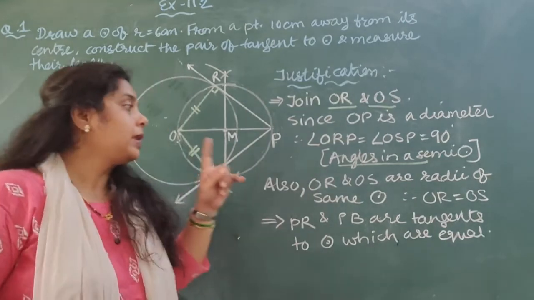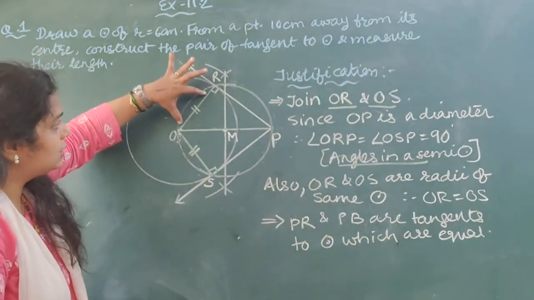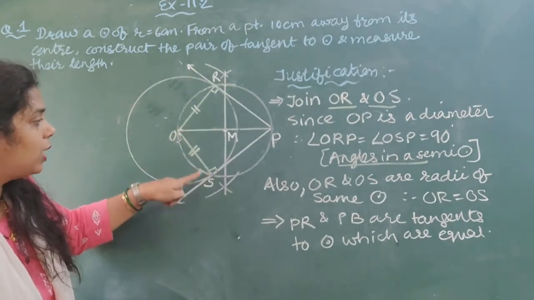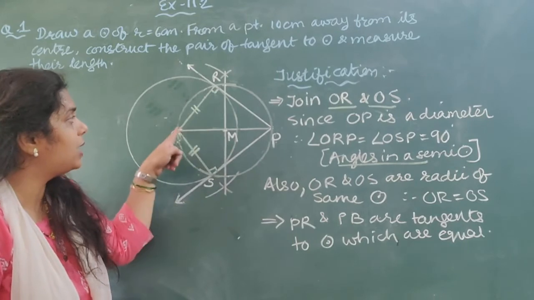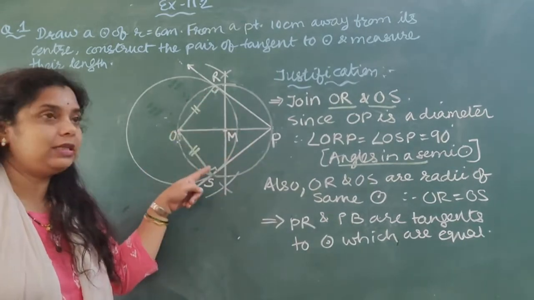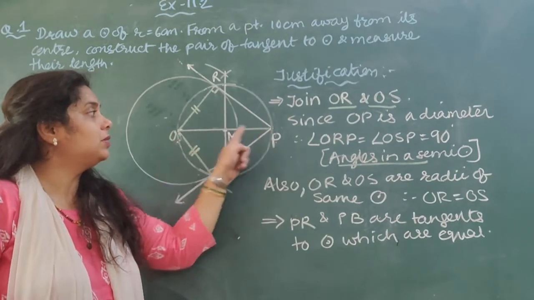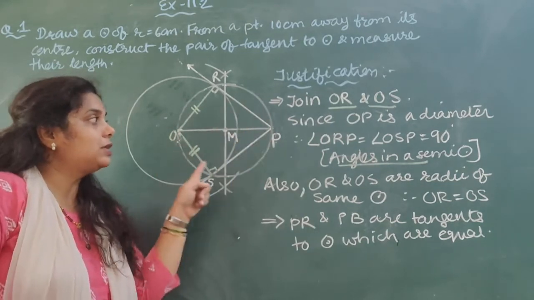Is it clear? And as OR is equal to OS, angle ORP and angle OSP are both 90, and OP is equal to OP, which is the diameter of the second circle.